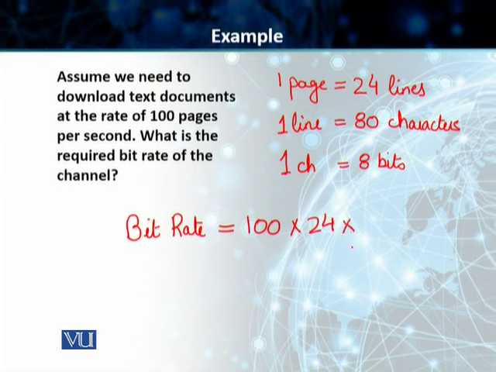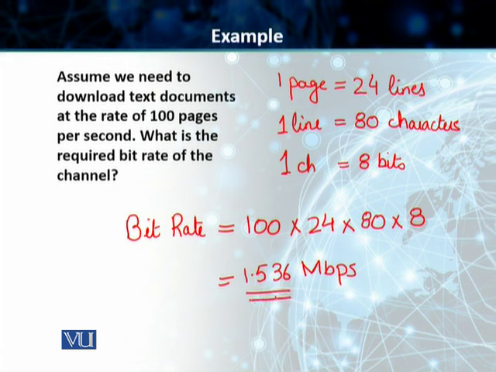We multiply that with the characters per line, which is 80, and then we multiply that with the bits per character, which is 8, and our bit rate is 1.536 megabits per second. So students, in order to download this text document, we need a channel that has a bit rate of 1.536 megabits per second.